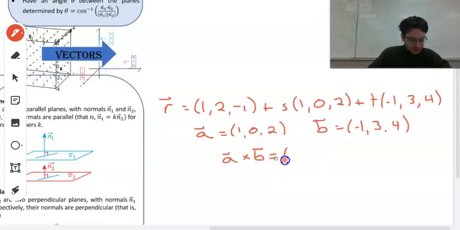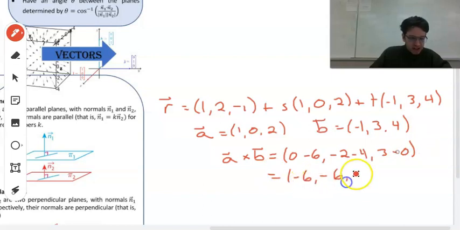And if you want, you can draw your diagram to help. But we'll have 0 minus 6, negative 2, subtract 4, and 3 subtract 0. So that gives us negative 6, negative 6, and 3.